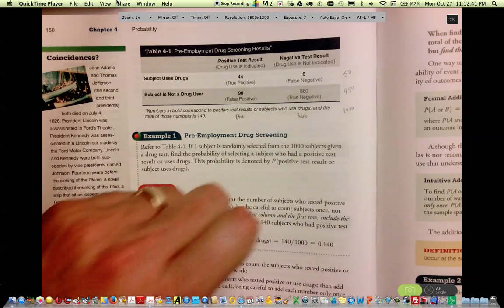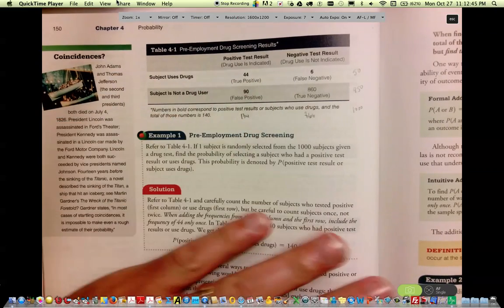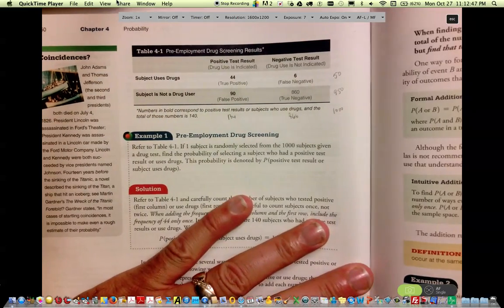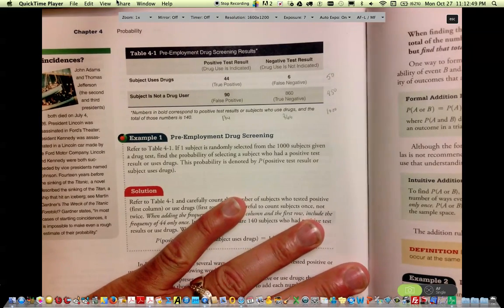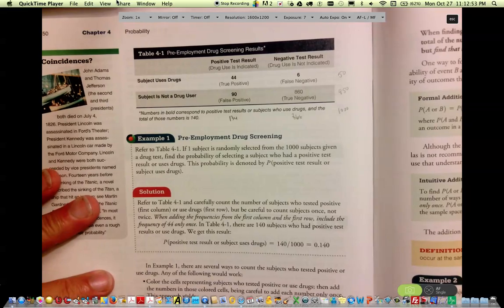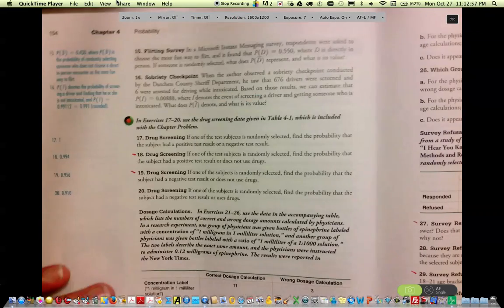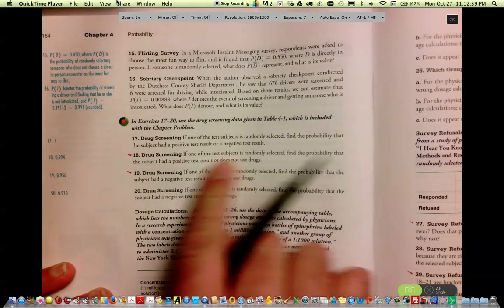So when we think about this probability, we're going to take all of the people in these three cells, which happens to be 994, out of 1,000 people in the group. So 994 out of 1,000 is 99.4%. That's the answer to this question.